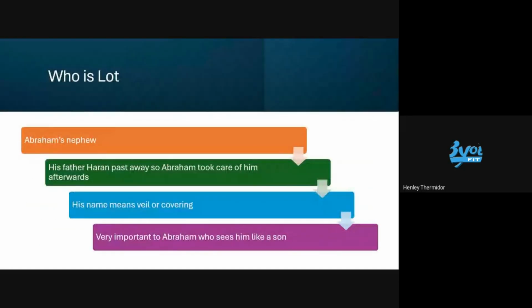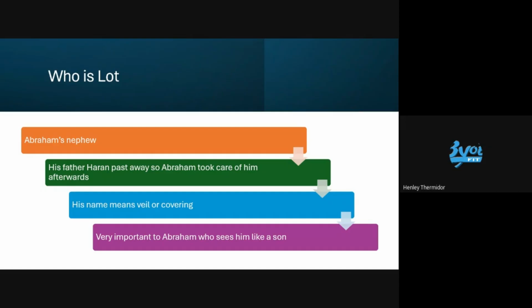So we also do have Lot, who is Abraham's nephew. Now, with Sarah not being able to have kids, Abraham's nephew from his brother Haran, who passed away when Abraham was really young, and he already had a son. So for Abraham, what he did is he adopted Lot.